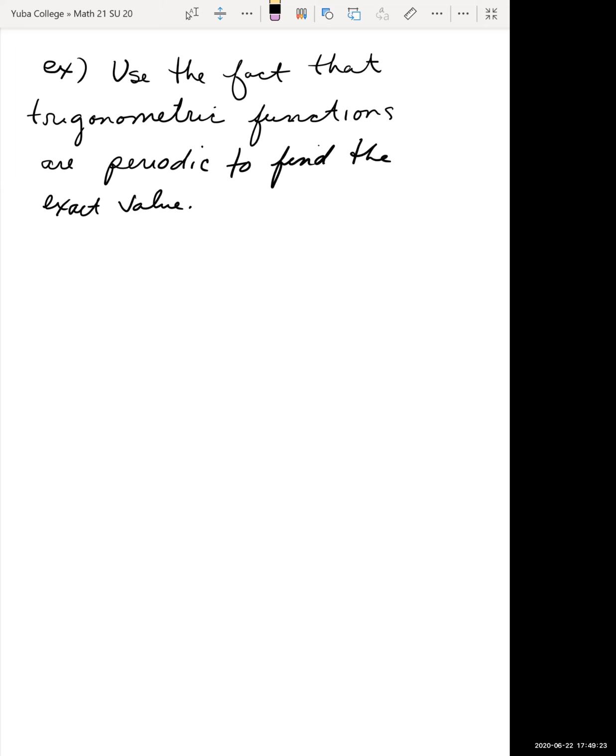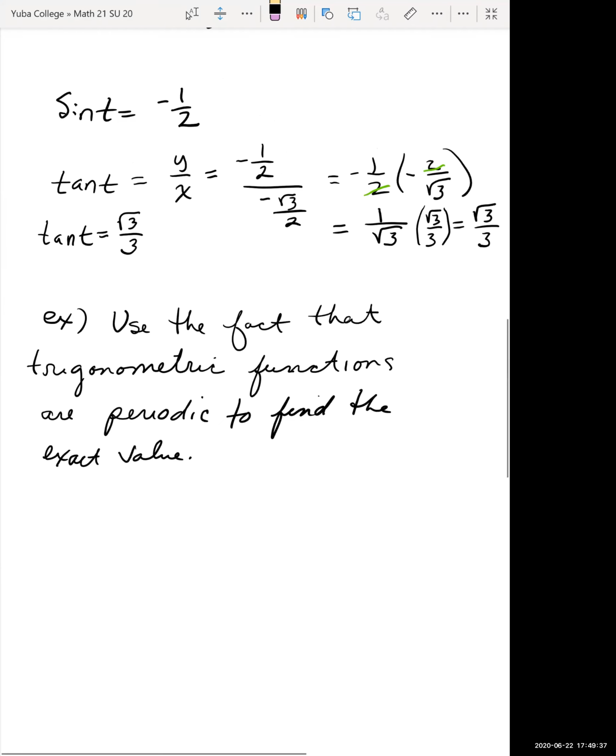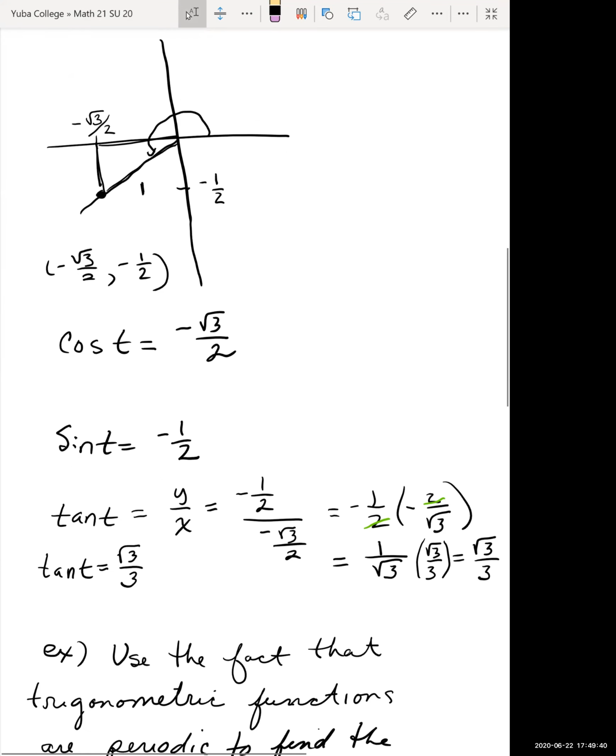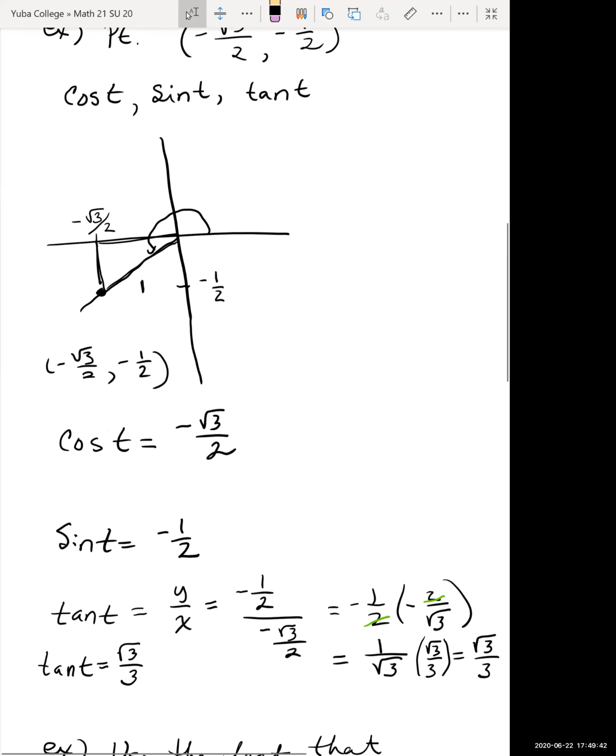Professor, I had a quick question before we did this example. Regarding the unit circle, you put negative square root of 3 over 2 and 1/2 on the point of the 180 degrees, but on the unit circle it represents 150 degrees.